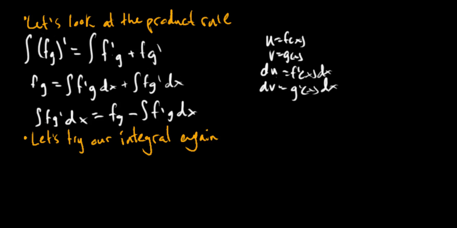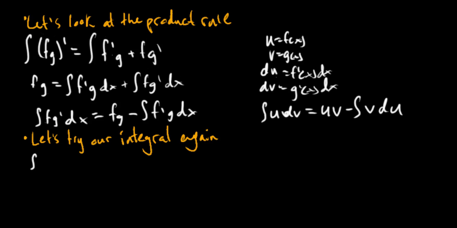And we'll find that what we get is the integral of u dv is equal to uv minus the integral of v du. So this doesn't make much sense right now. It probably doesn't. So what we're going to do is try our integral again, and hopefully when we put this into practice, it'll make a little bit more sense.